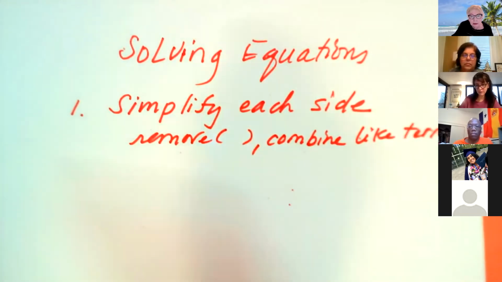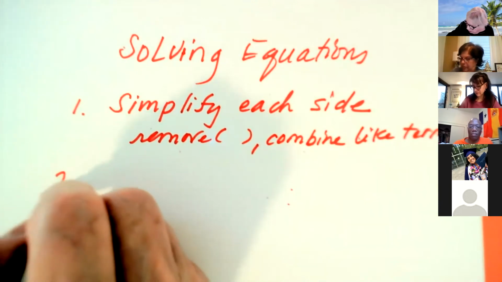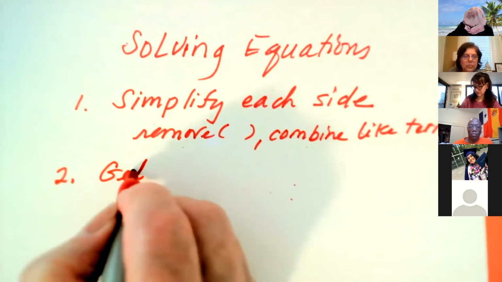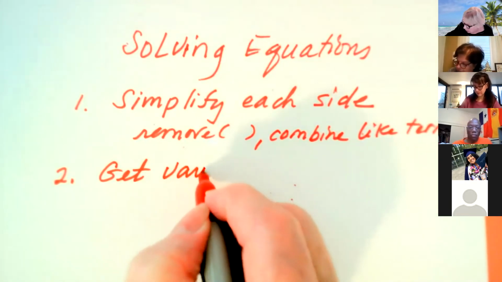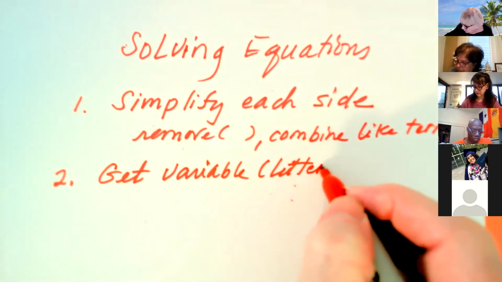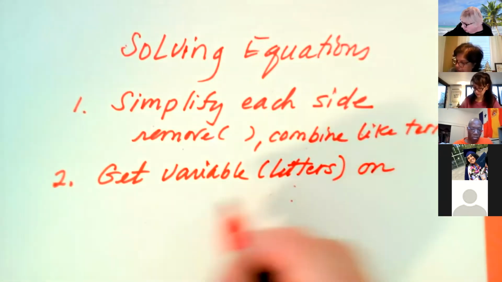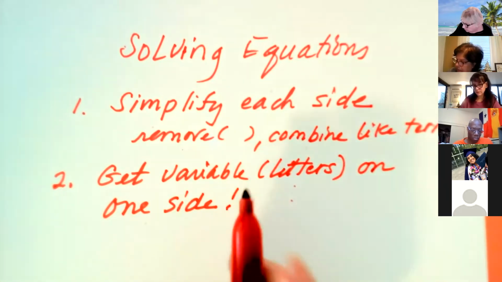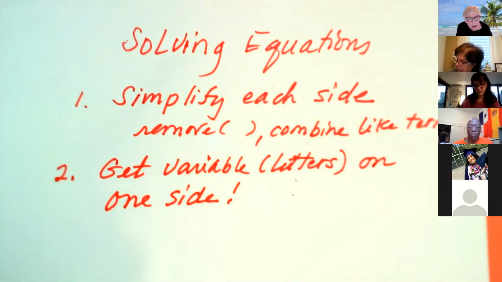Once everything is good, the next step is get your variables, and that's basically your letters, on one side only. And that's the step I just showed you, getting the letters on the same side.